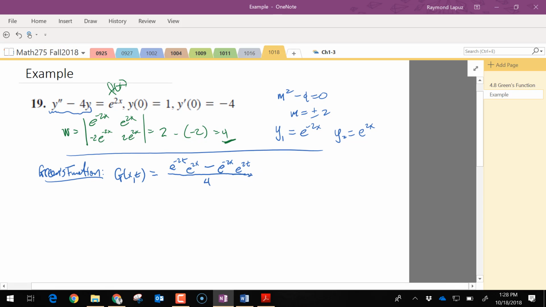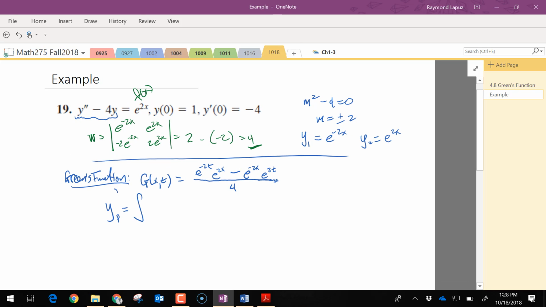Our solution y, I call it yp, but I think it's going to be everything, is going to be the integral of g of x, t times f of t dt, where t values go from x naught to the variable x. x naught is equal to 0, so your limits are going to go from 0 to x.